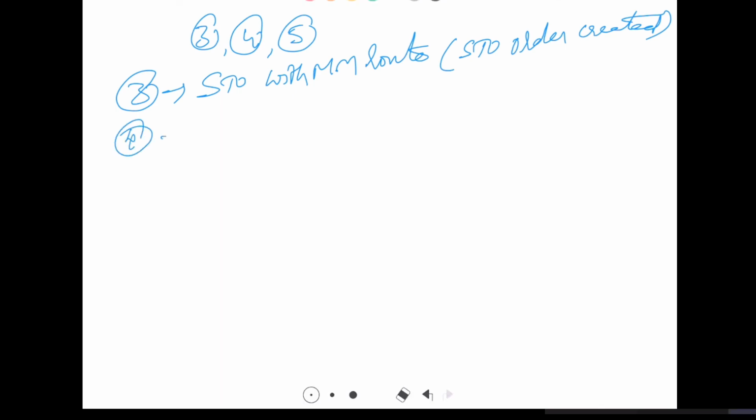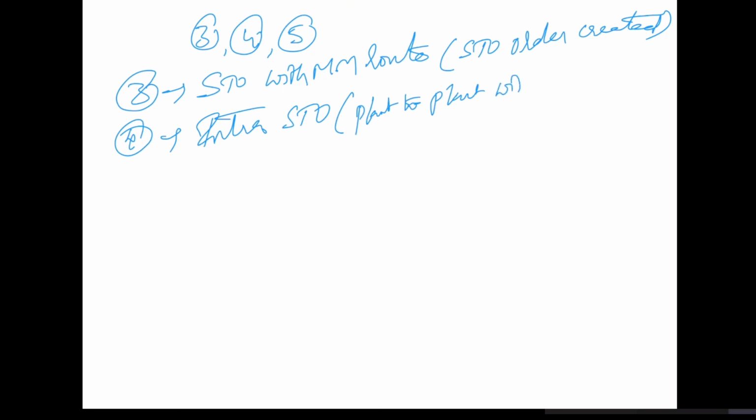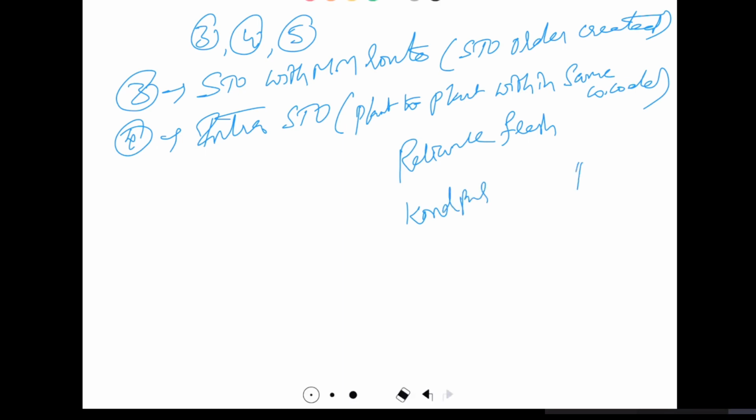When it comes to the fourth step, intra STO, it is nothing but the company code is the same, but we are moving stock from plant to plant within the same company code. Like I have Reliance Fresh, a branch in Kondapur and a branch in Madhapur.